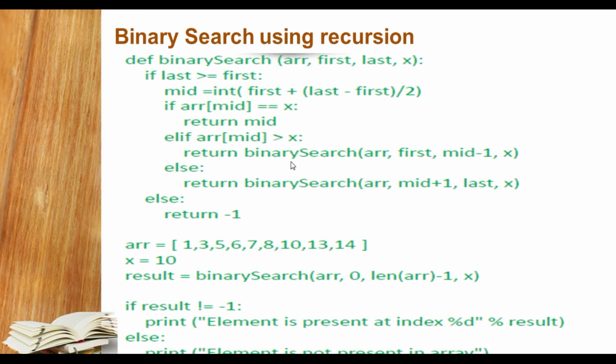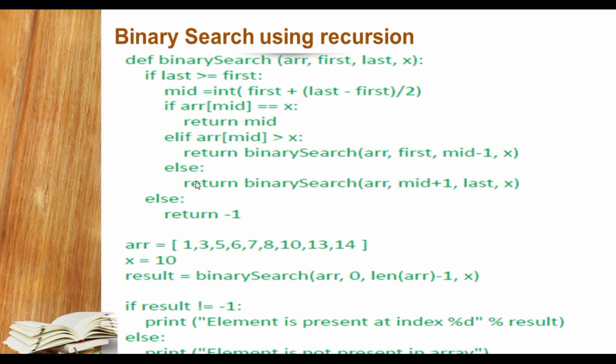So binary search within round brackets: array, then the first element, let it be 0, comma mid minus 1. Here mid will be decreased by 1. If the search element is smaller than this element, the array and search element we pass again like the same.